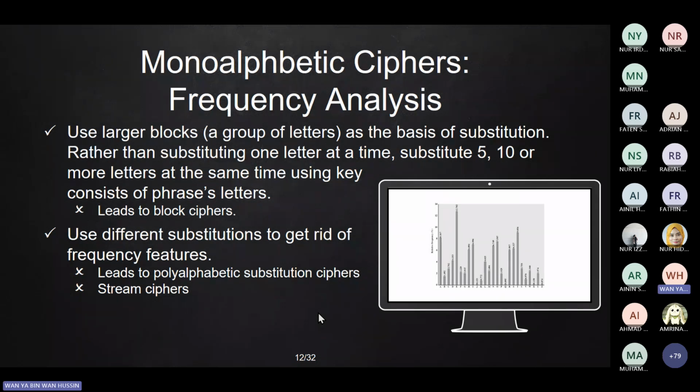Block means we need to process a group of alphabets. Stream cipher is one alphabet at a time. The first one applies when we do frequency analysis because we need to know the frequency of the alphabet.